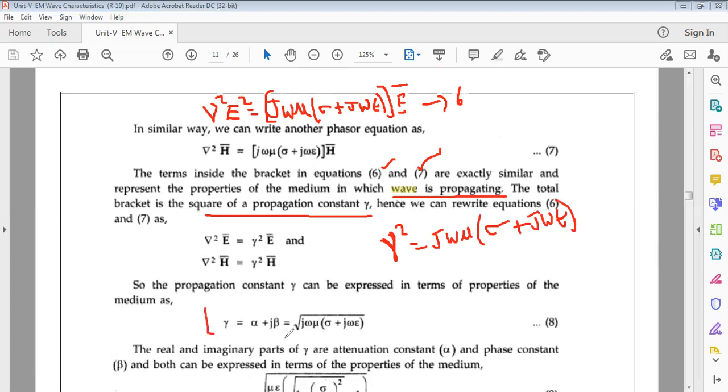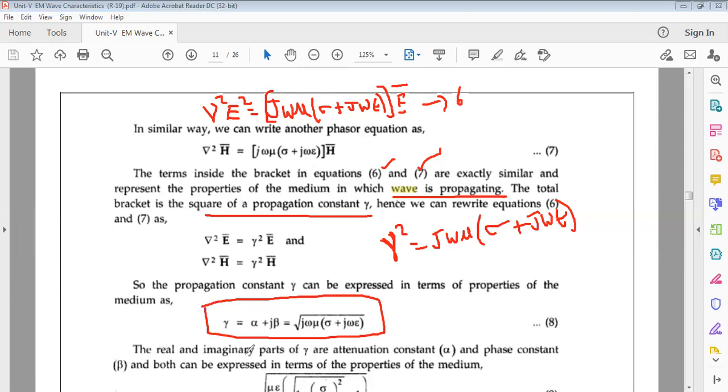And gamma is equal to under root of j omega mu into sigma plus j omega epsilon. What is gamma here? The propagation constant gamma is expressed in terms of the properties of the medium. What are the properties of the medium? Mu is the permeability, epsilon is the permittivity, and omega is the frequency.